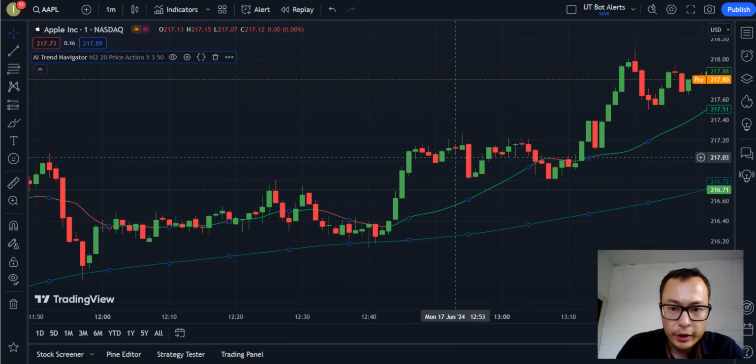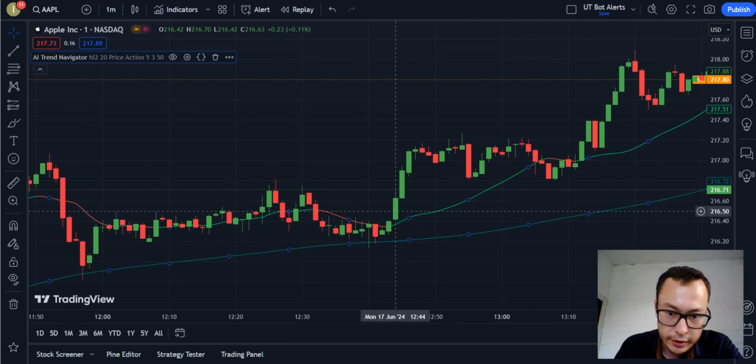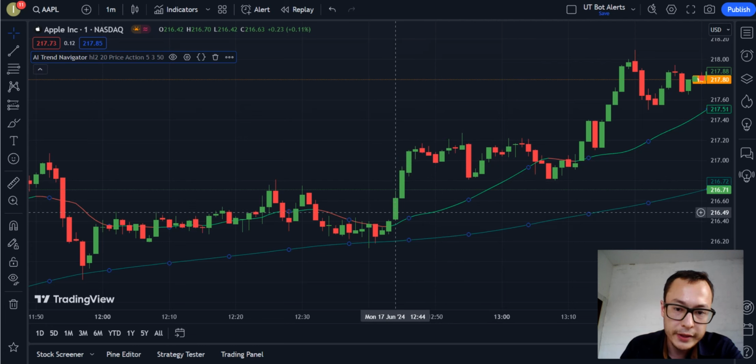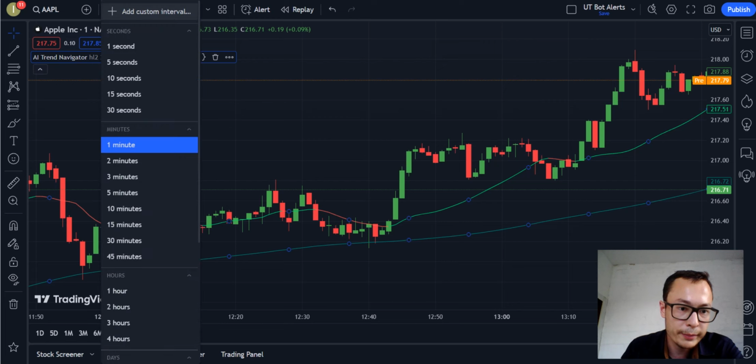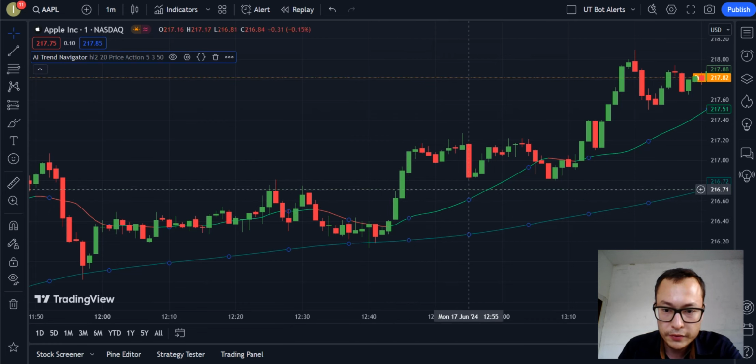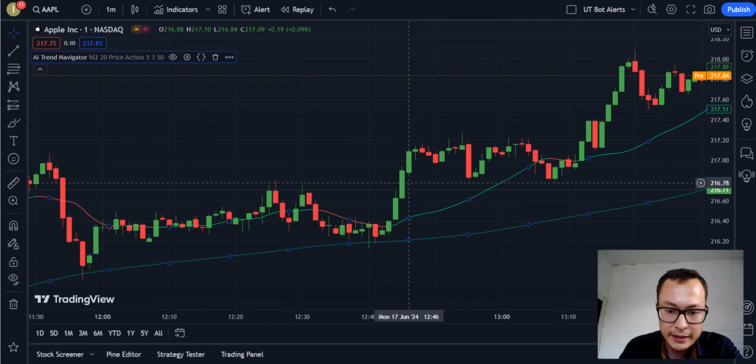The candlestick bars that you see on the chart show the price movement of the Apple stock. For the purposes of this video, we'll choose the 1 minute time interval. There are various time intervals, and the time interval that we will choose is 1 minute. And you can see here, as I move the cursor, that the time and date changes.